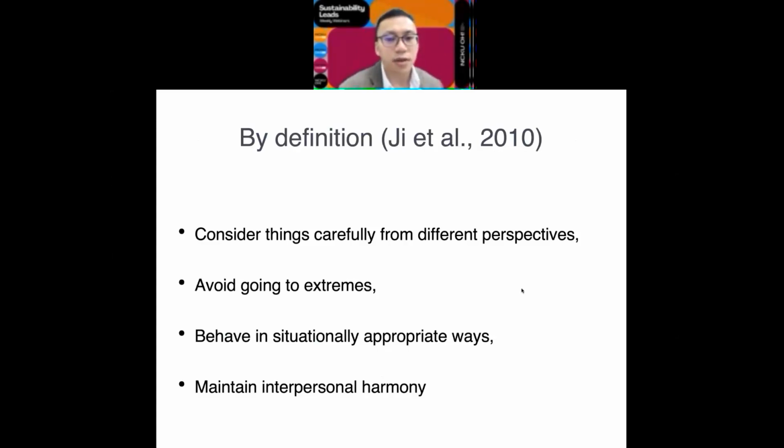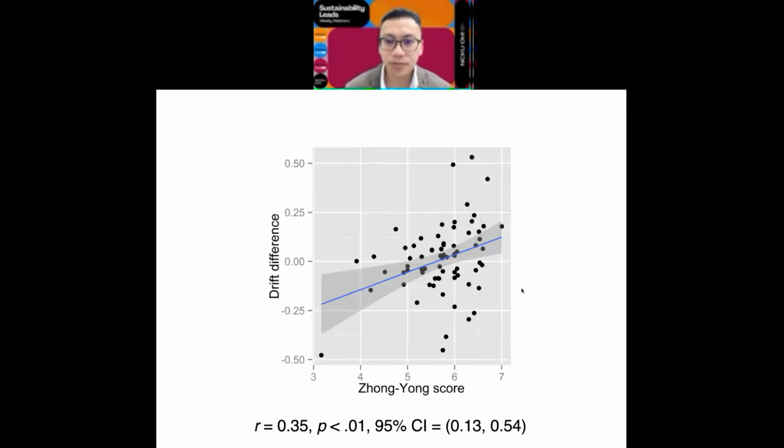So we assume that high Zhongyong thinking participants can process more information in a more integrative way. So we use SFT capacity to study whether high Zhongyong thinking participants can integrate information more efficiently than low Zhongyong thinking participants. We found a very nice correlation here.